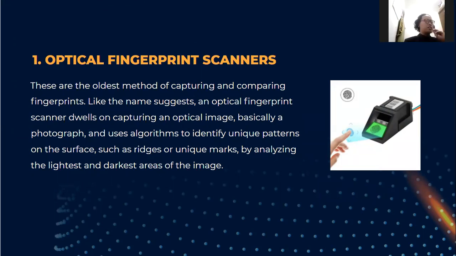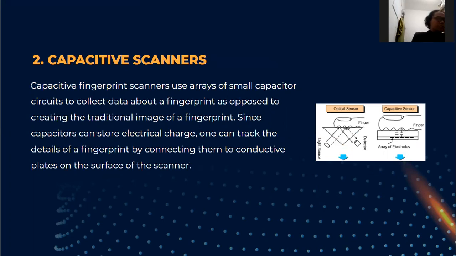Like the name suggests, an optical fingerprint scanner focuses on capturing an optical image, basically a photograph, and uses algorithms to identify unique patterns on the surface, such as ridges or unique marks, by analyzing the lightest and the darkest areas of the image.